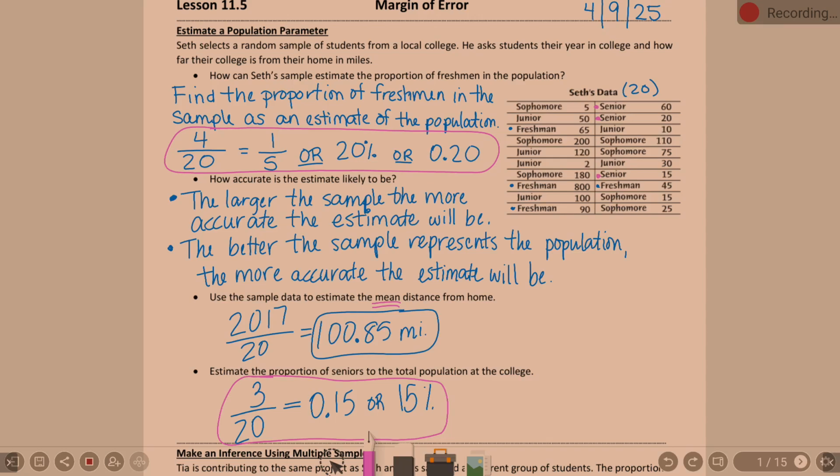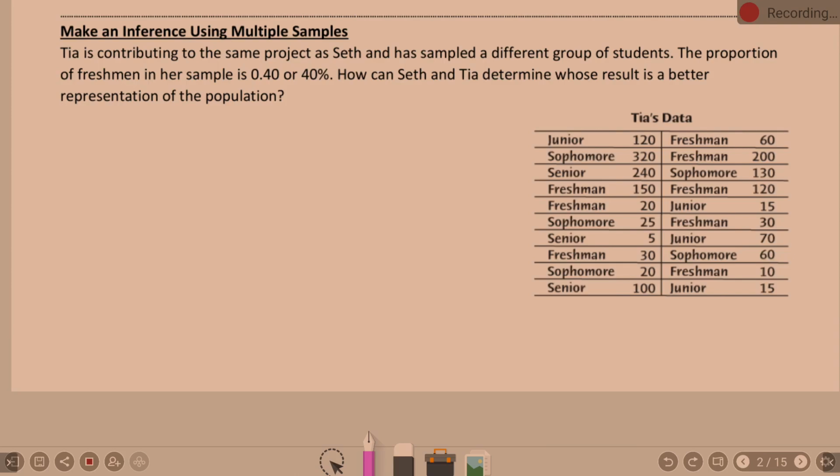You're kind of getting into this problem, right? Because we're not leaving Seth yet. Now we're going to add Tia to the problem. This is a multiple part problem. We talk about Seth and Tia a lot today. Okay. As I said, we're going to add Tia on.